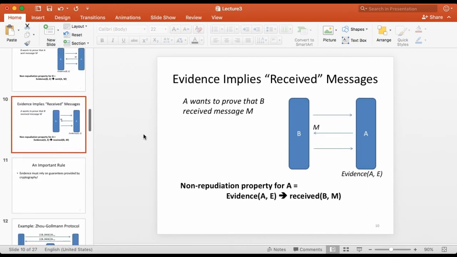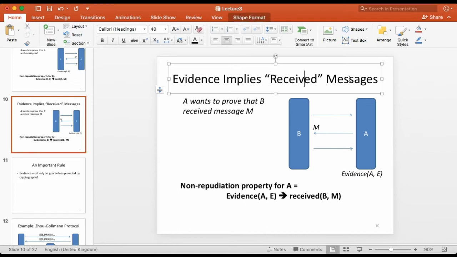On the other hand, the second type of evidence that we would want to produce is evidence that implies that certain messages have been received.